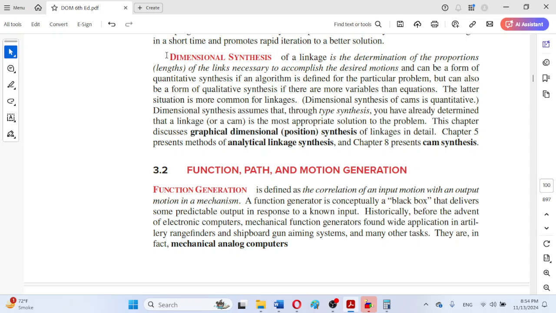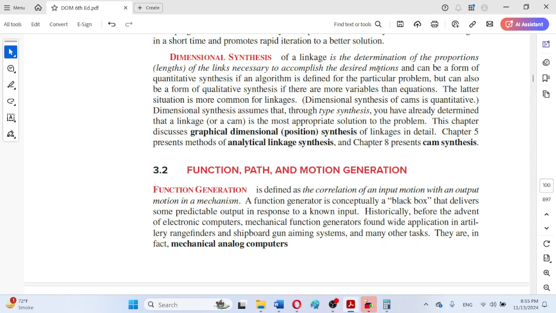The author has written here that the dimensional synthesis of a linkage is the determination of the proportions, meaning the sizes or the lengths of the links necessary to accomplish the desired motion. It is necessary because the Grubler or Kutzbach formula only relates the count of the links to give a specific DOF.